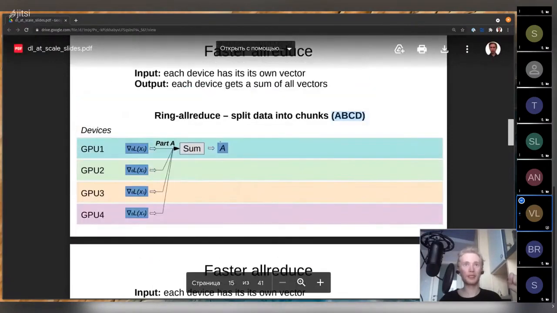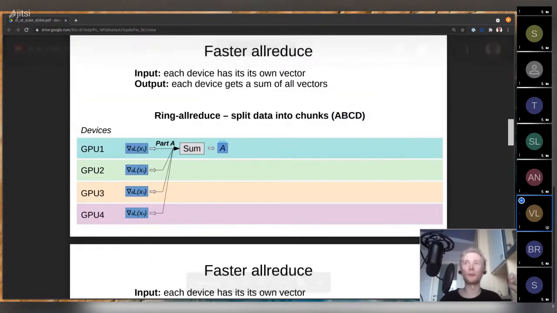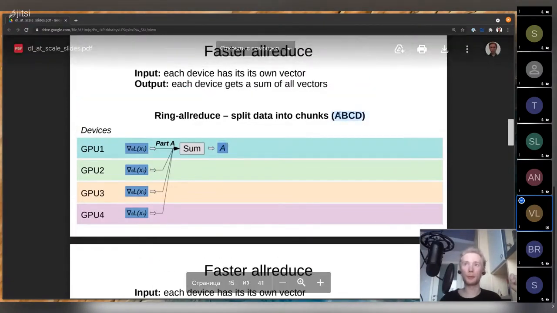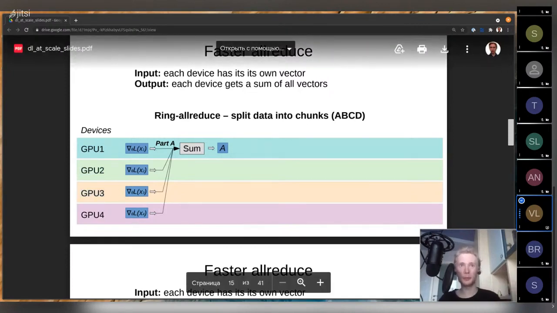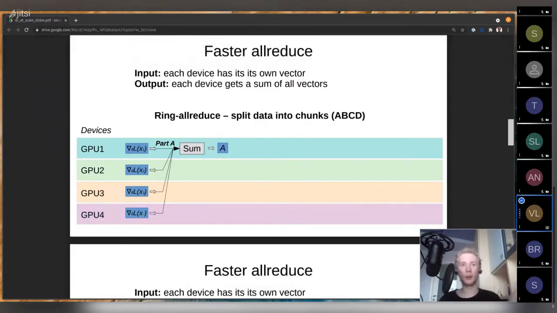What happens is, to get the sum over the first part of the neural network, you have to get the first part of the dataset over the first part of the neural network, the second part of the dataset over the first part of the neural network, the third part, and the fourth part. And all of this gets sent to the first GPU.